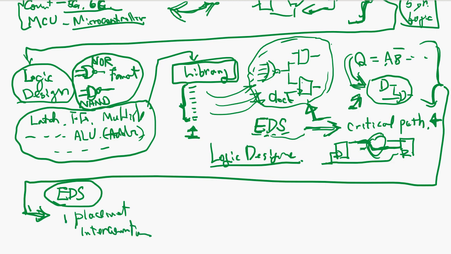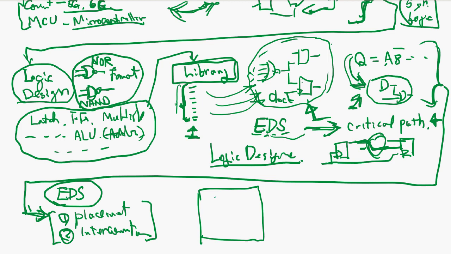So there are two things EDA does pretty much automatically. Placement means on the chip you put all these library components you use, where you create, you do optimal placement.